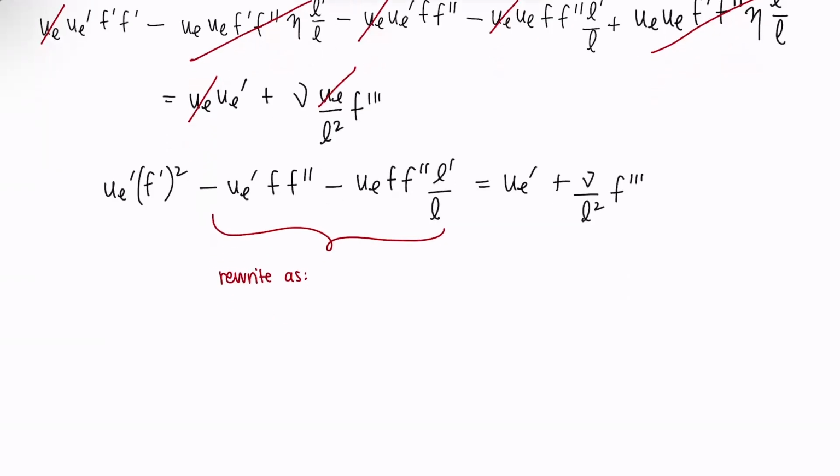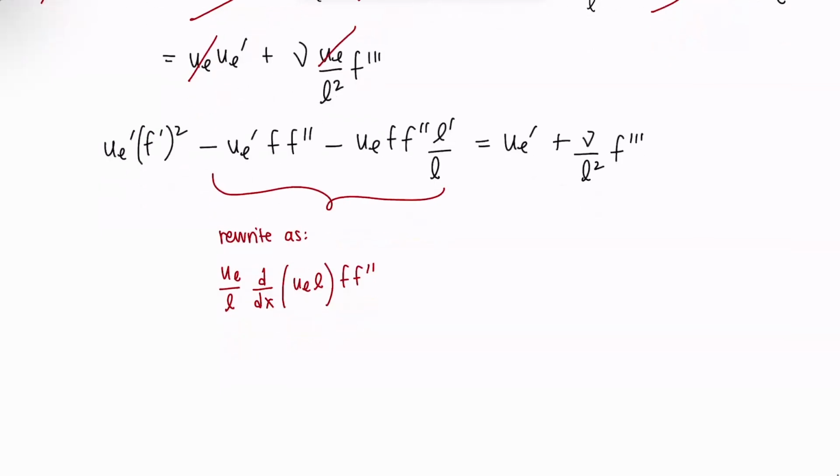I can write this as UE divided by L times the x derivative of UE L F double prime, and then I get back those two terms when I do the product rule.